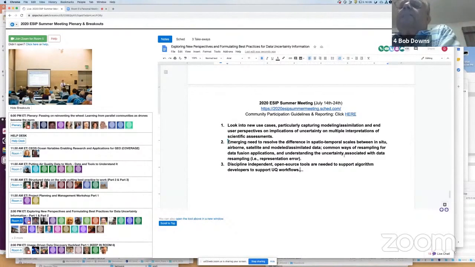Yeah, so relatedly, we were talking about the disciplines also, and how they might use the uncertainty information depending on their purpose. So I think this is a commonality between the user perspective and the data producer perspective.